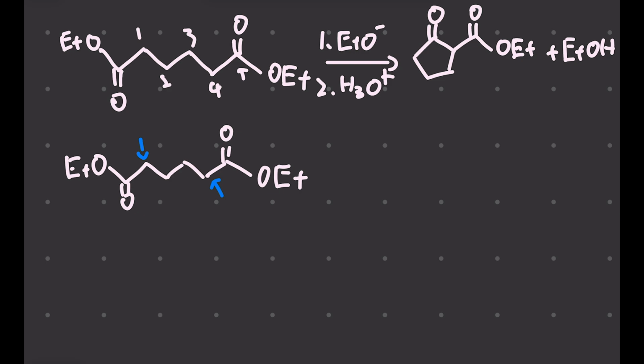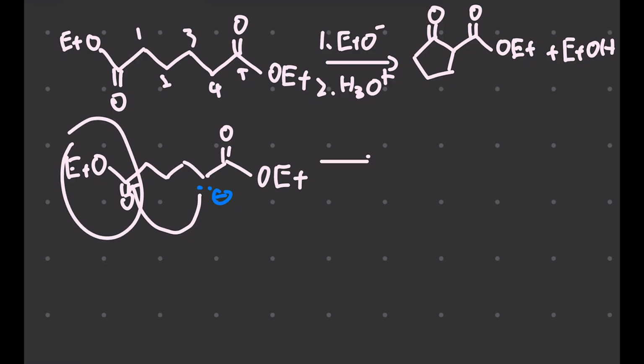Since this molecule is symmetrical, it doesn't really matter which one. And this is going to create an enolate ion. And this enolate ion is going to attack the carbonyl carbon of the functional group on the opposite side, and it's going to cause ring closure, 1, 2, 3, 4, 5, and form a 5-membered ring.